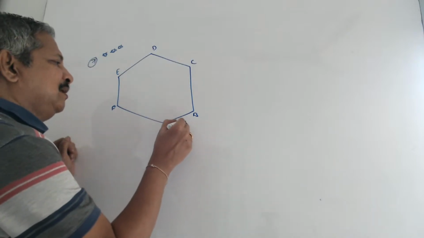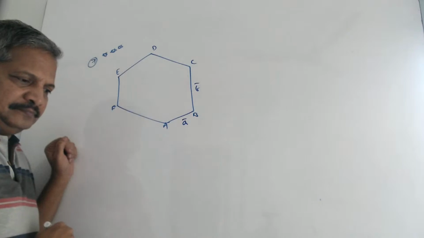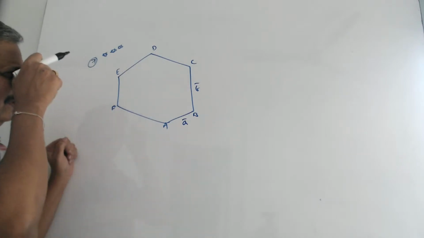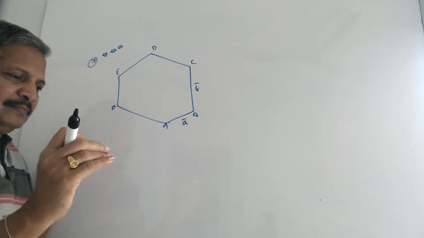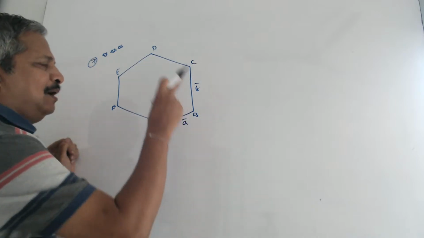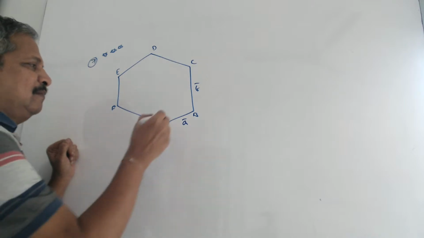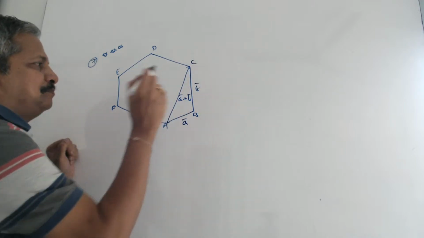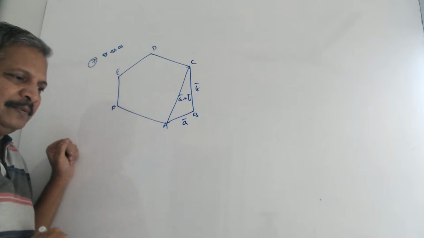If this is A bar, this is B bar, then this will be A plus B.